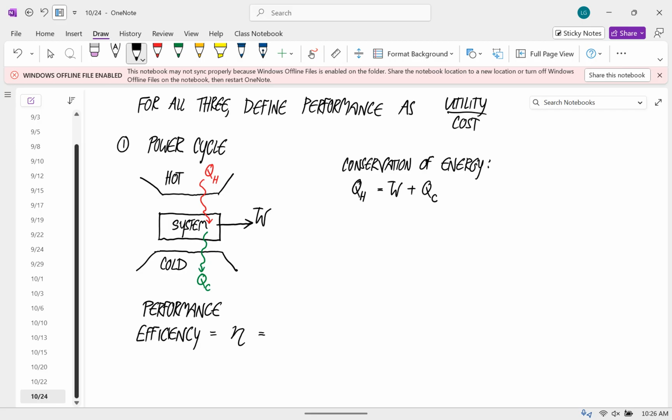So, what is the thing that we're trying to get out of a power cycle? Out of these three things, QH, W, and QC, what's the one we're trying to get, the more the better? Yep, W, right. So this is going to be W divided by, and now what's the one that we're spending money to create in order to get W? QH, yep.